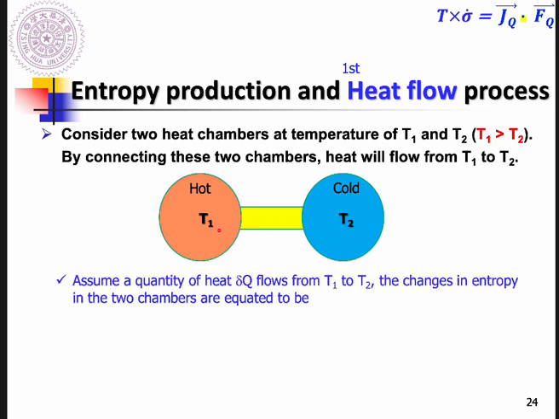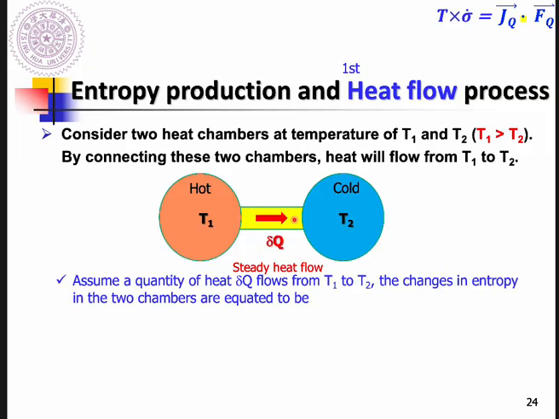As you imagine, as long as I put this metal bar to connect these 2 chambers, the heat will flow from the left-hand side toward the right-hand side. We will get the heat flow.